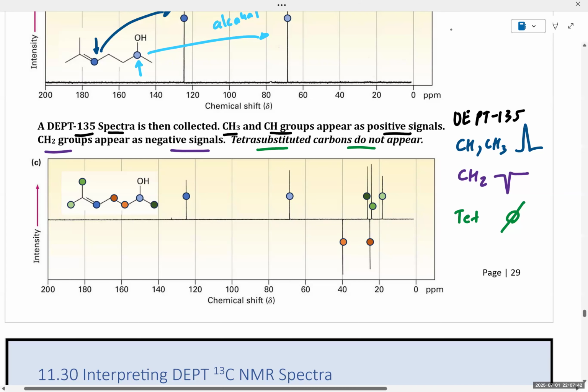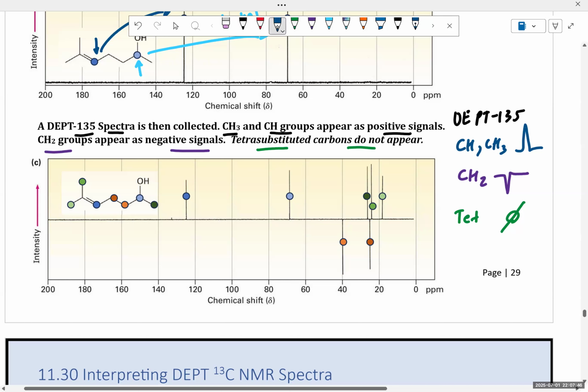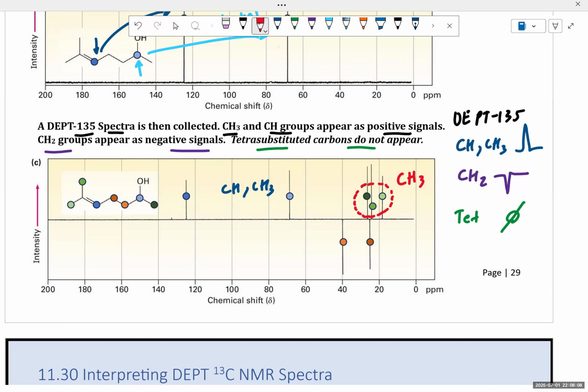As we can see here in the following molecule, we see all of the CH and CH3 groups appear as positive signals. We can also tell that these signals that are new in the DEPT 135, but not present in the DEPT 90, are CH3 carbons.